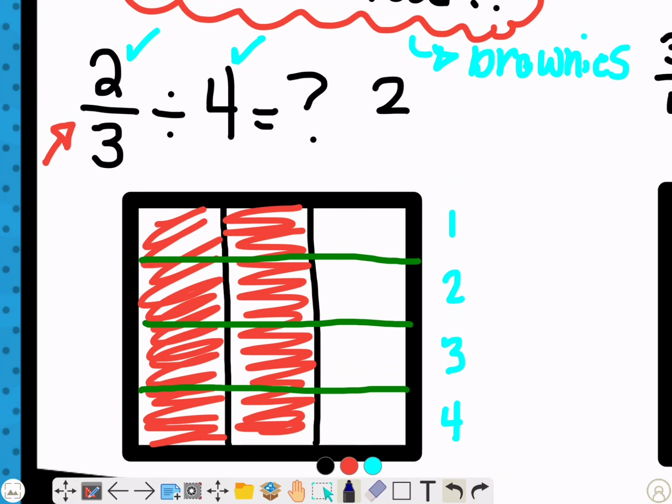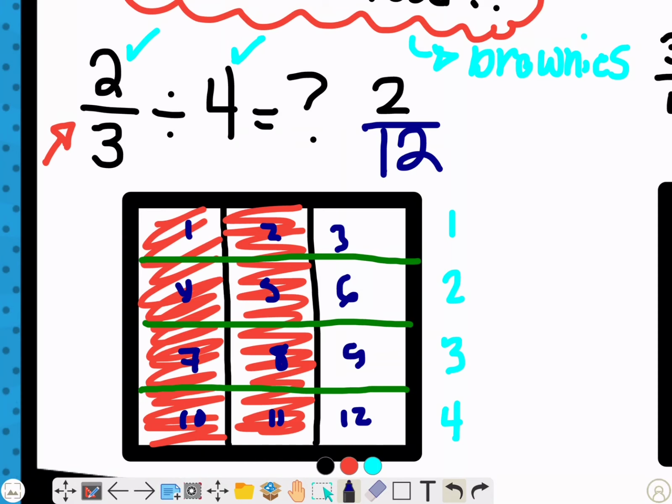I'm going to use that blue to count up my sections. My pan is not cut up into thirds now, it's cut up into 1, 2, 3, 4, 5, 6, 7, 8, 9, 10, 11, 12. So the denominator is now 12 because there are 12 cut up pieces, but each friend is getting 2 of them.